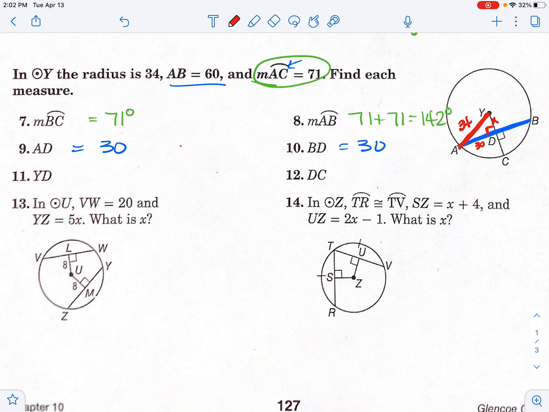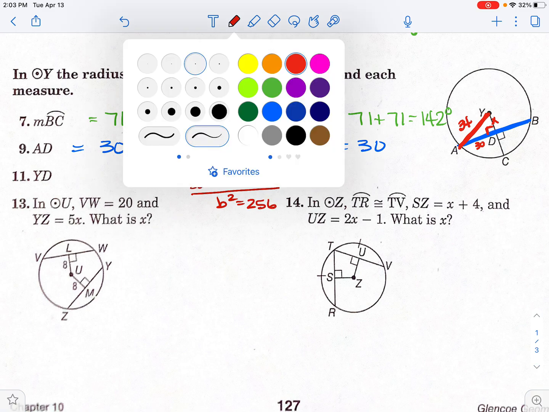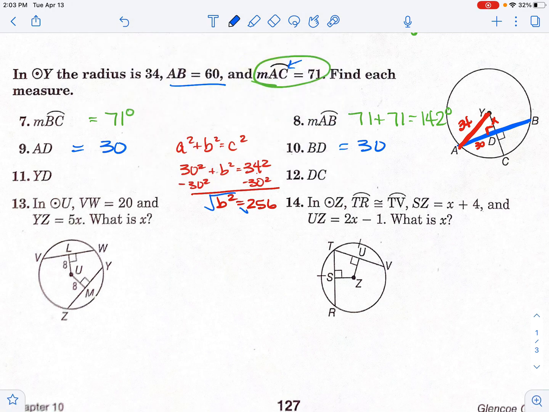So I'm going to do A squared plus B squared equals C squared. That is going to be 30 squared plus B squared is equal to 34 squared. And I'm going to subtract. So when I put into a calculator 34 squared minus 30 squared, it is going to be 256. And I always have to remember to do the square root.